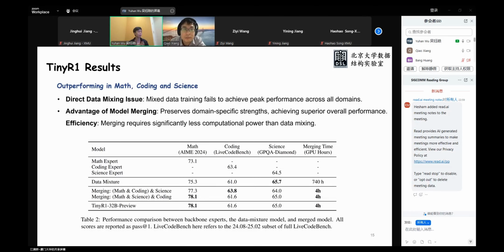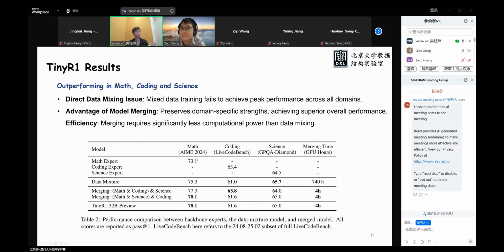A common method in fine tuning is to use data mixture, where different groups focus on different domains and find good data, which is reflected in the domain specific model.